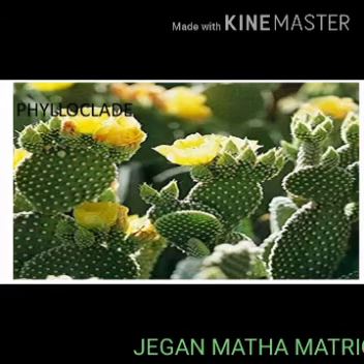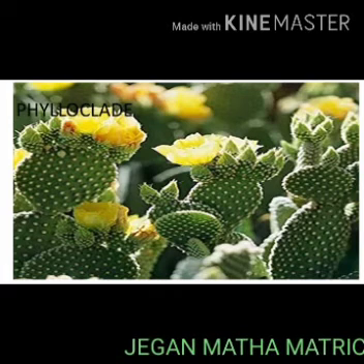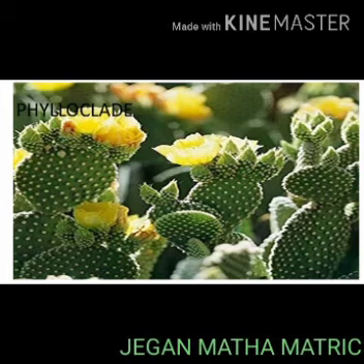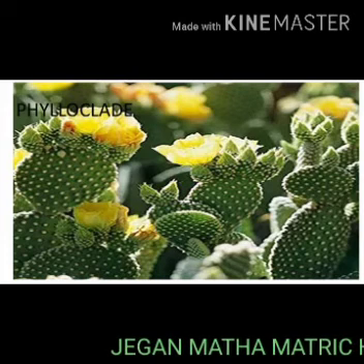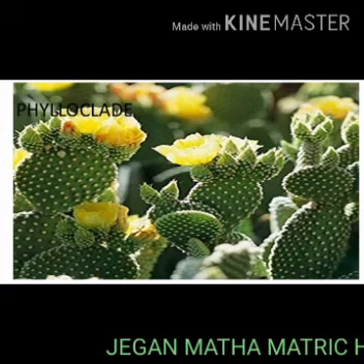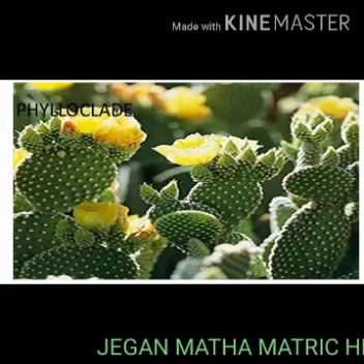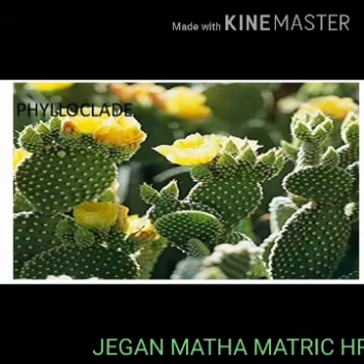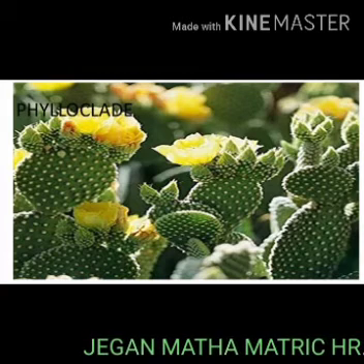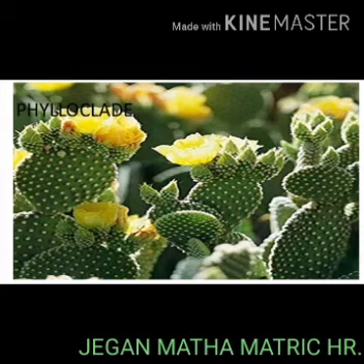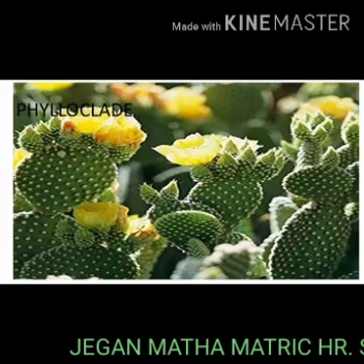Phylloclade is a characteristic adaptation of xerophytes where the leaves often fall off early and are modified into spines or scales to reduce transpiration. The phylloclade takes over the function of leaves, particularly photosynthesis. The phylloclade is also called cladophyll. Example, Opuntia.